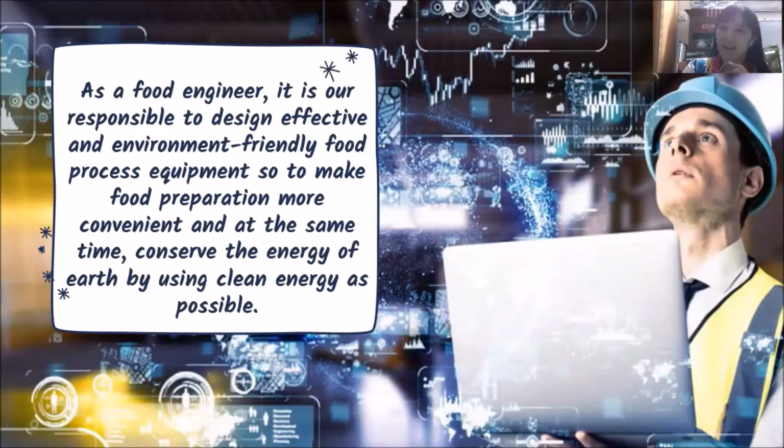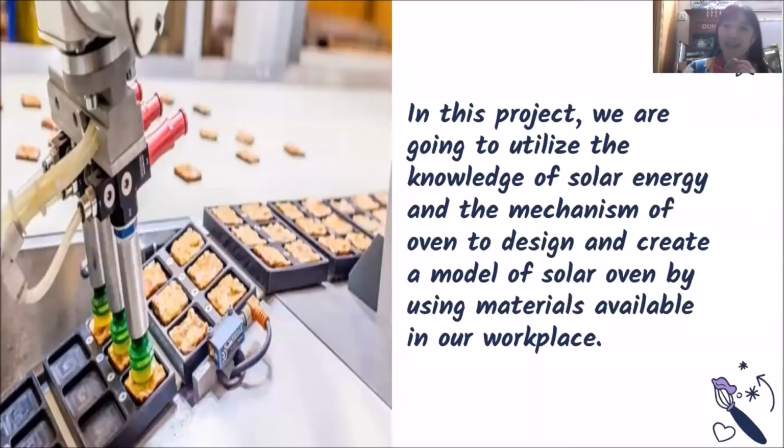As a food engineer, it is our responsibility to design effective and environment-friendly food process equipment, to make food preparation more convenient and at the same time conserve the energy of Earth by using clean energy as much as possible. So in this project, we are going to utilize the knowledge of solar energy and the mechanism of an oven to design and create a model of a solar oven by using materials that are available in our workplace.